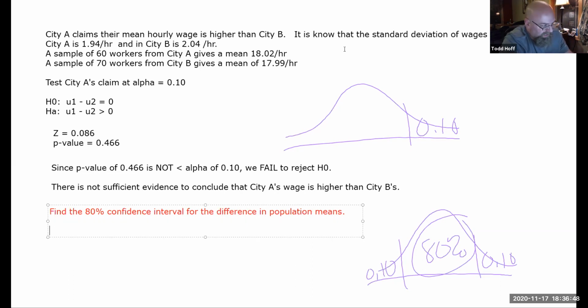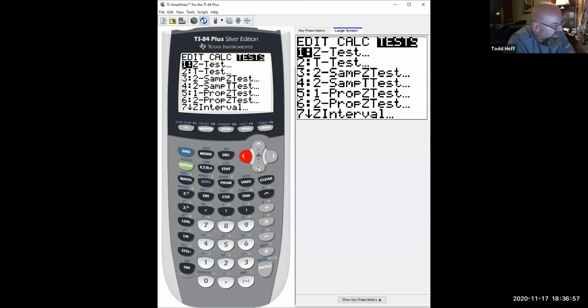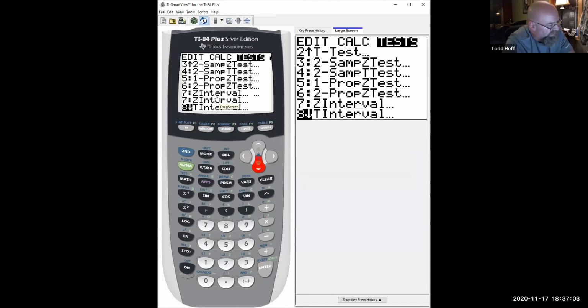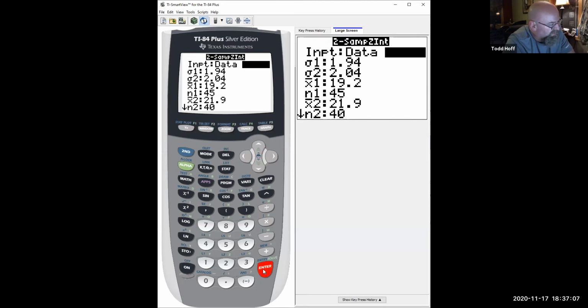So let's enter this back in the calculator. So stats, tests. We're going to go down to two sample. This is a Z interval now because we do have both population standard deviations. So two sample Z interval. Our first standard deviation is 1.94, second is 2.04.